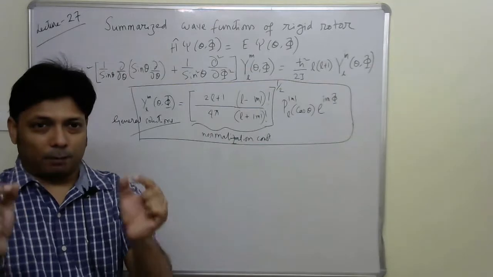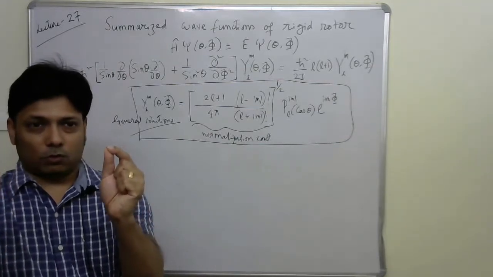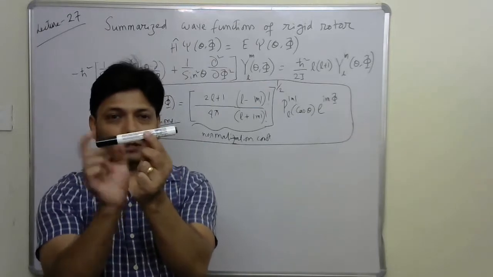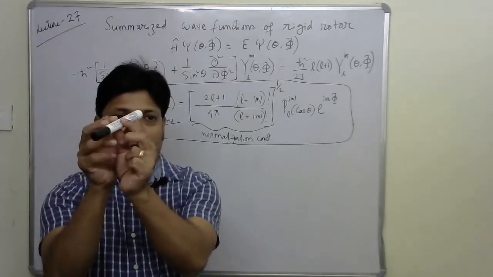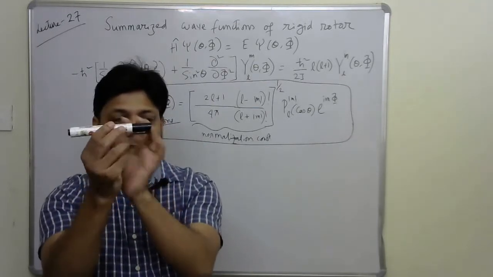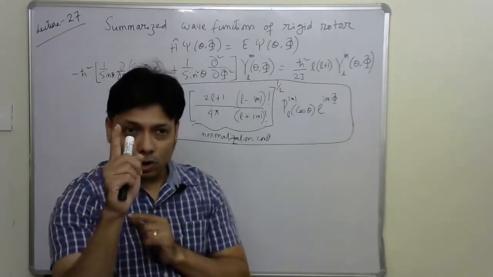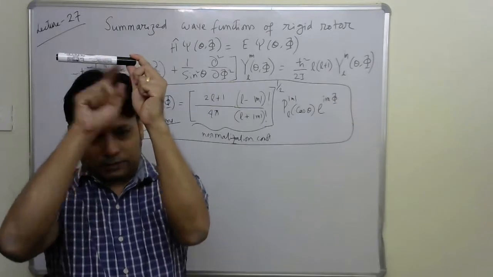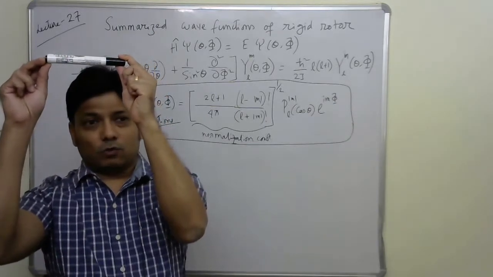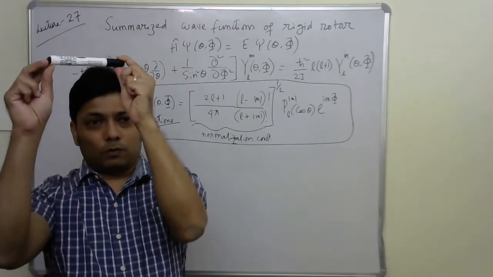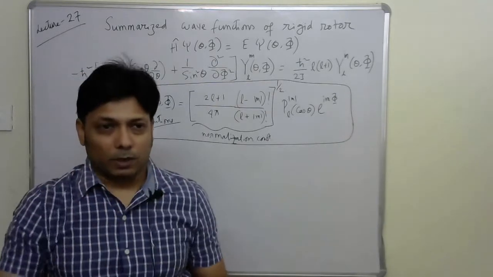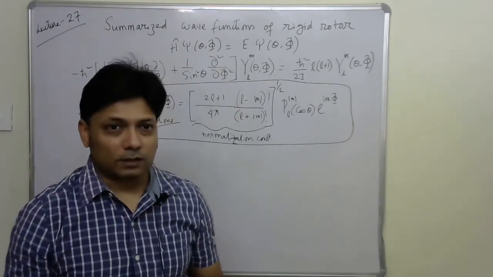So here what's happening is that for a diatomic rigid rotor, you can think about this as a diatomic rigid rotor, so it is rotating like this. All right, but when we talk about the hydrogen atom, this is the nucleus and this is the electron, so we may think that now the electron can rotate around the nucleus by keeping the nucleus fixed.